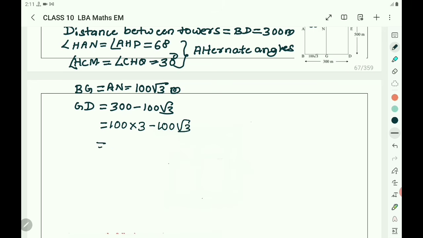Now you can take 100 root 3 common, and put the rest in the bracket. Here 3 is there, 100 is outside, root 3 is outside. Root 3 into root 3 is 3, so 100 root 3 into root 3 is 100 into 3. Minus, here complete 100 root 3 is outside the bracket. You can write 1.